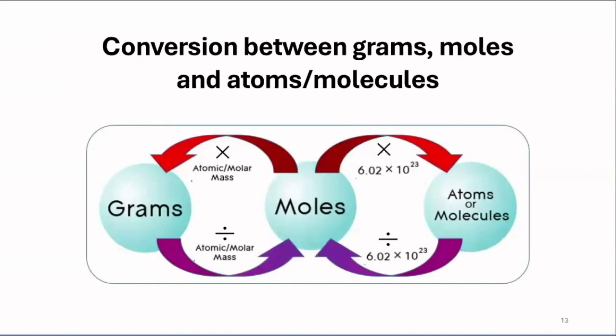When we have the concept of moles, moles are allowing us to convert from this given unit into atoms or molecules and vice versa. From atoms and molecules, we can convert to moles. We are always going to be using Avogadro's number, meaning 6.022 times 10 to the 23rd, as our conversion factor.